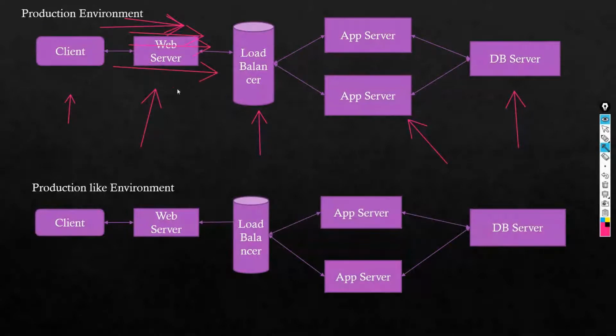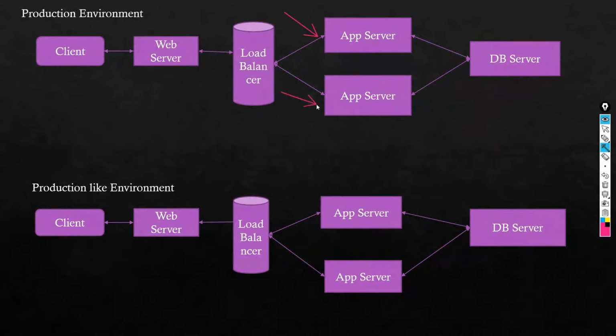And let's say there are two application server instances. The role of this load balancer is to equally distribute the load to these two app servers. If 1,000 requests are coming from the browser, 500 should be sent to this and 500 should be sent to this.